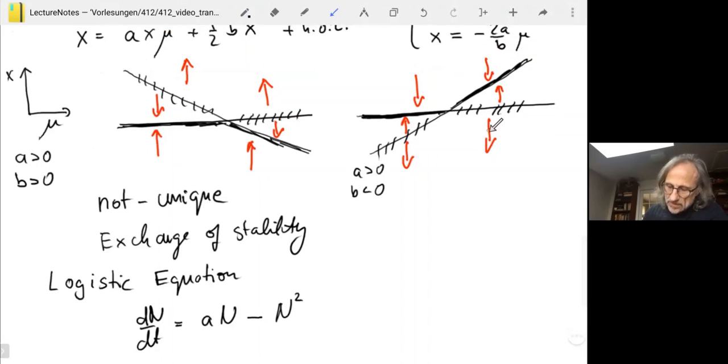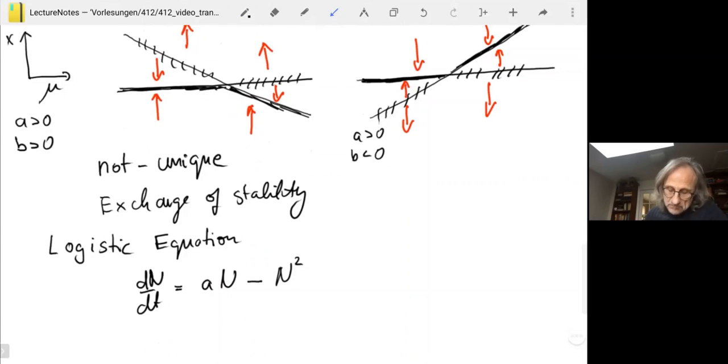And you could ask, what about this branch? There's a stable branch here, which we never talked about. We only talked about this one. Well, it's because here the other solution would be a negative population. And so this whole range was just never considered for that equation. But in principle, mathematically, the logistic equation exhibits the transcritical bifurcation if you allow a to be negative and maybe the population to be negative.